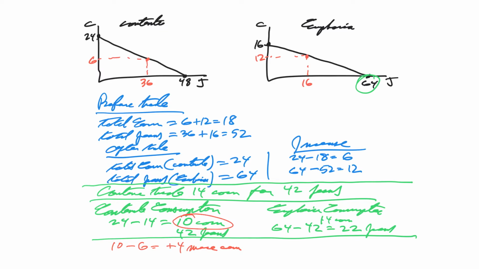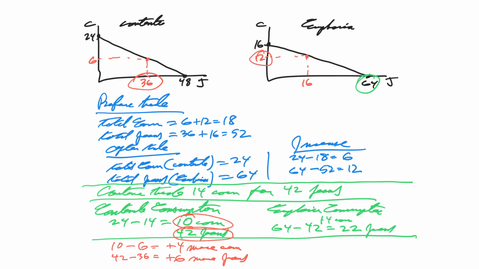How about jeans? Well, before, they were producing and consuming 36 jeans. Now they're consuming 42 jeans. So they're getting to consume 6 more jeans. How about Euphoria? Same deal. Before, they were consuming and producing 12 corn.